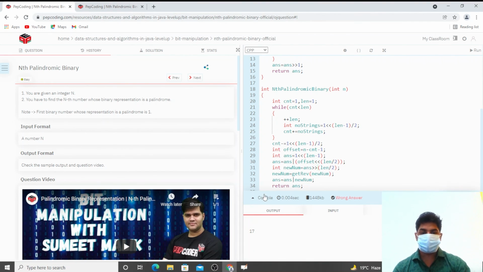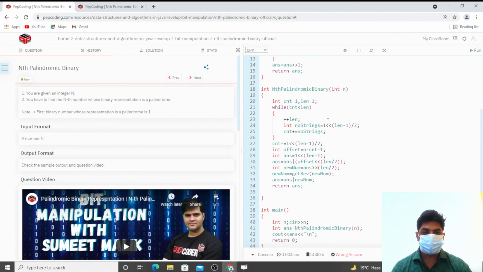It is giving us a wrong answer, so that means we have made some mistake. Let's check where we made the mistake. We have made counter 1, length 1. We are incrementing the length, 1 left shift, length minus 1 divided by 2. We are incrementing count, that is correct. We are decrementing also. Offset equals n minus count minus 1.